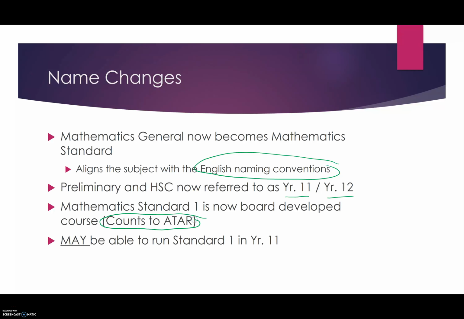It counts towards ATAR for Standard 1, only if they do an optional exam. And we may be able to run Standard 1, so do the Standard 1 course from Year 11. A little bit more on that a bit later.